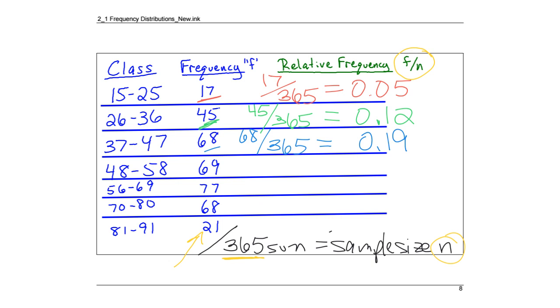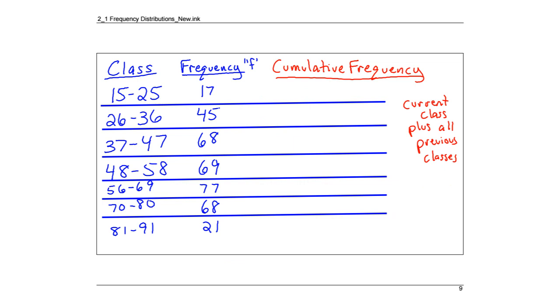Notice the percent's climbing, the decimals are climbing. Well, the frequencies got bigger as well, right? We had 17, we had 45, we had 68, and it's all over the same N, the same sample size. So you guys can go ahead and finish the rest of this in your homework, because you're going to have a problem like this in your homework. Let's go on to the next.